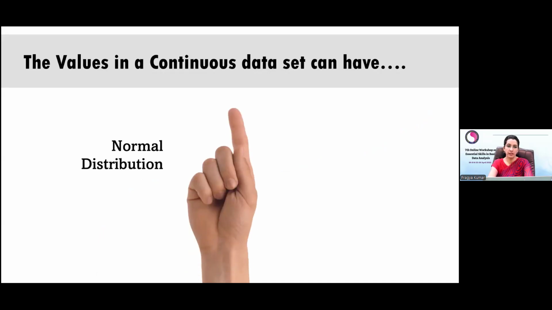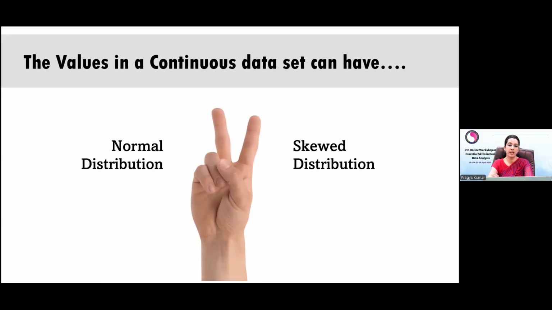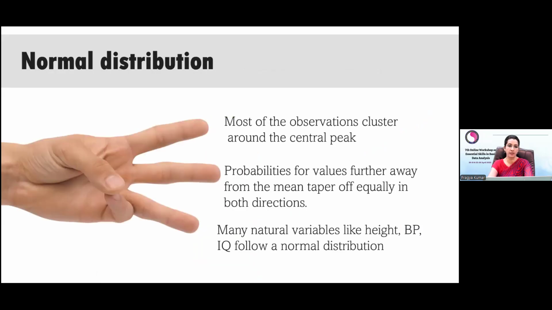So in case of a continuous data set, and continuous means I am now referring to all my continuous data as a scale variable, it may have a normal distribution or it may have a skewed distribution. If it is normally distributed, I will go by mean and standard deviation. If it is a skewed distribution, I'll go with median and interquartile range.